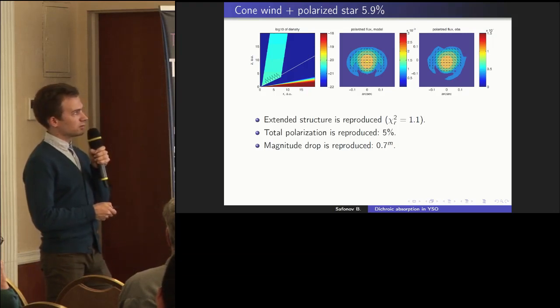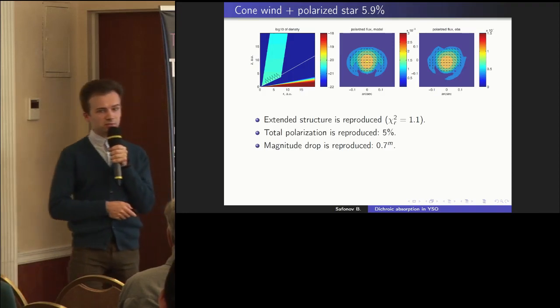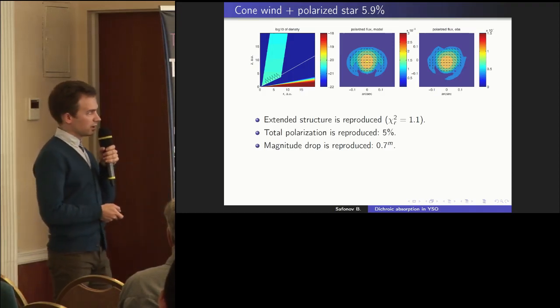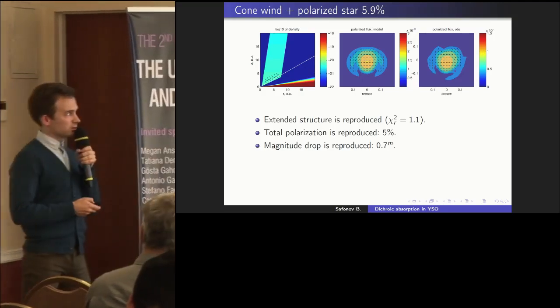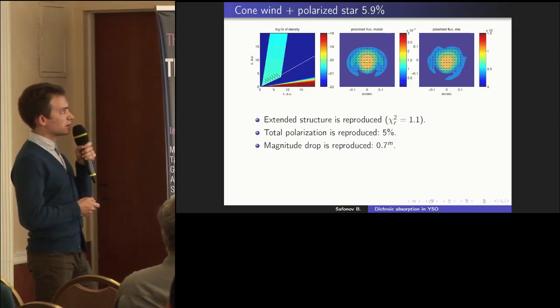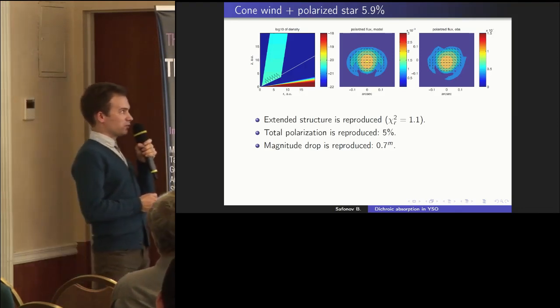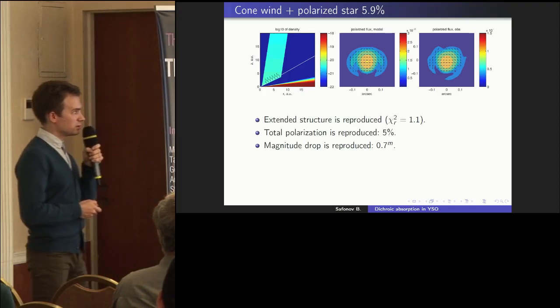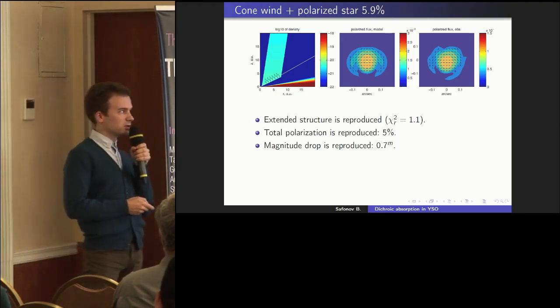This model explains the whole set of observational data: the optical thickness, the polarization, and the extended polarized structure. I'd like to point out that the characteristic size of this cone we obtained is quite big, around 5 astronomical units, and it is constrained by the angular size of the extended structure which we see.